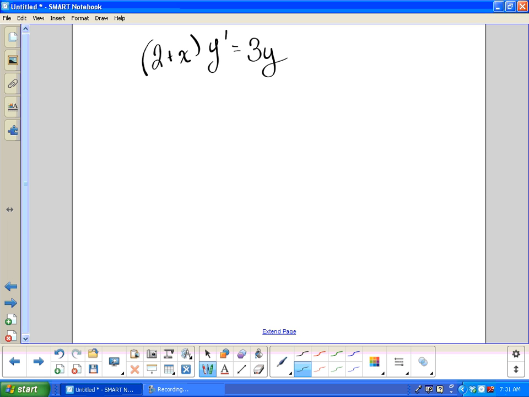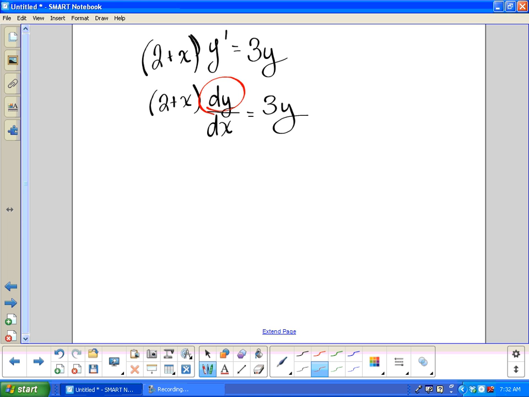I told you the very first thing you want to do is to write y prime as dy/dx. So I'm going to go ahead and do that first. Now, since the dy is in the numerator on this side, I generally will always move the y's over to that side, and then I'll move the x's to the other side.